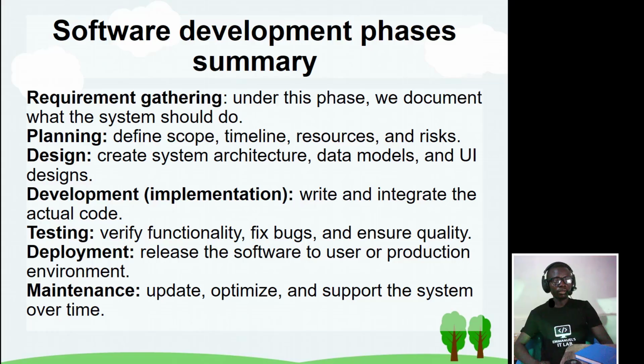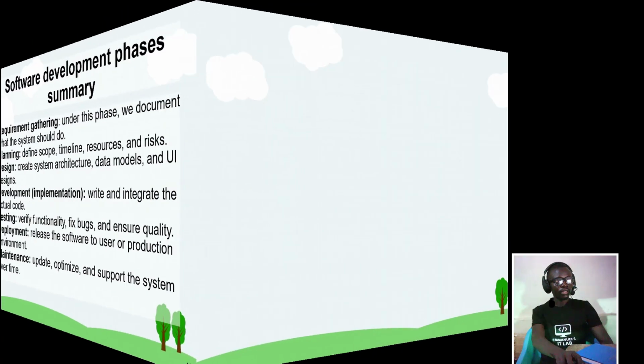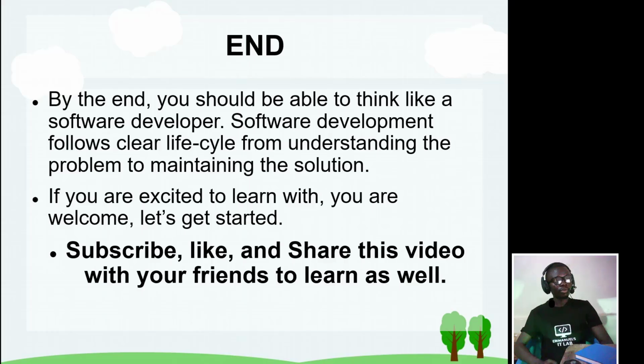Maintenance, update, optimize, and support the system. So after developing a system or a website, follow up and always do maintenance. That is how you keep yourself engaged and employed. So this brings us to the end. By the end, you should be able to think like a software developer. Software development follows a clear life cycle from understanding the problem to maintaining the solution.